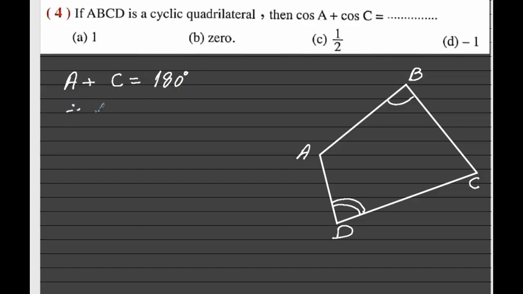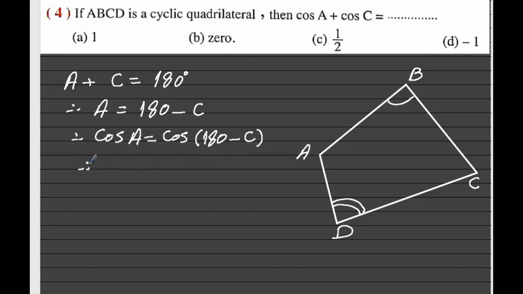So from that you can deduce that angle A equals 180 minus C. So cosine A equals cosine 180 minus C. So cosine A equals negative cosine C. So cosine A plus cosine C equals 0.